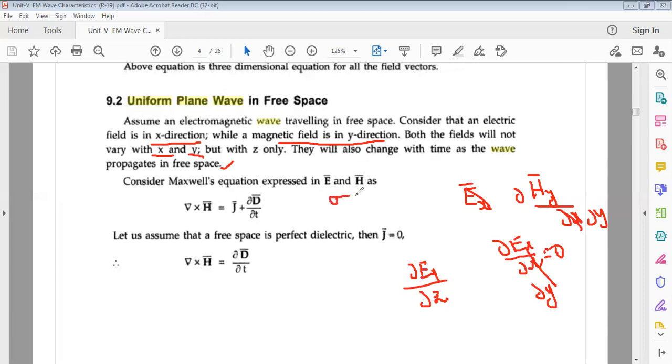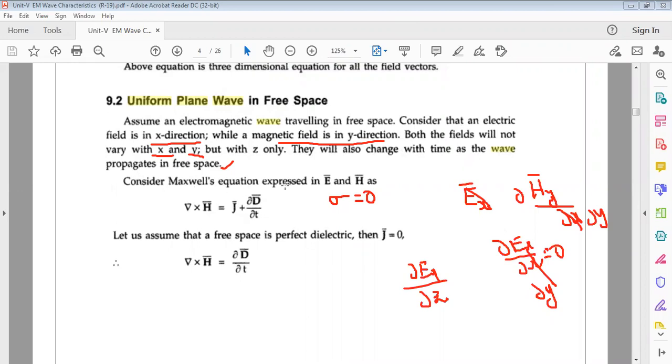Both fields will not vary with respect to x and y, but with respect to z only, and they will also change with time as the wave propagates in free space.